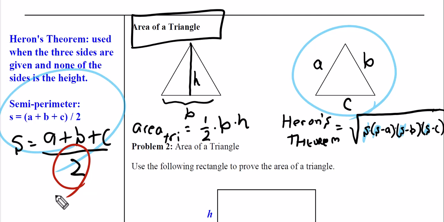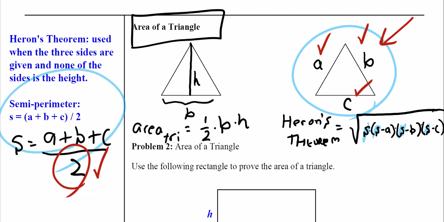Before you even do that, the title of this, right? How to find the area of a triangle if I have all three sides. Step 1, let's begin: add A plus B plus C. Step 2, divide by 2.